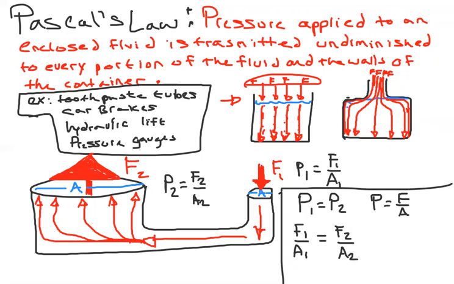Even though it's pushing on the top, it's also felt all the way through the bottom of the container, as well as any weight of fluid above that certain height. That's what we just got to talk about. But this is more about forces being applied, not really the weight of the water. So we're talking about applied forces to the fluid now. So when atmospheric pressure is applied to the top of the ocean or applied to the top of a cup, that atmospheric pressure is not just felt at the top.